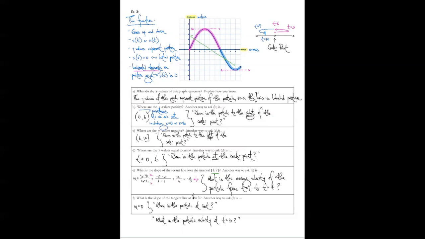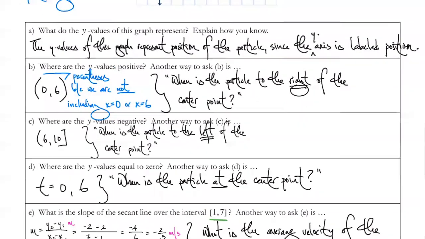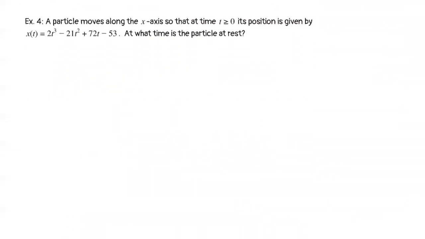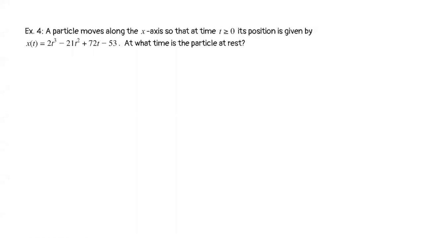All right, let's take a look at the last question in 3.4. Not a lot to scroll up and down here, but we have a particle moving along the x-axis. So we're looking at that horizontal movement, like that shuttle run business, right? You run, you touch your cone, you turn around, you come back.